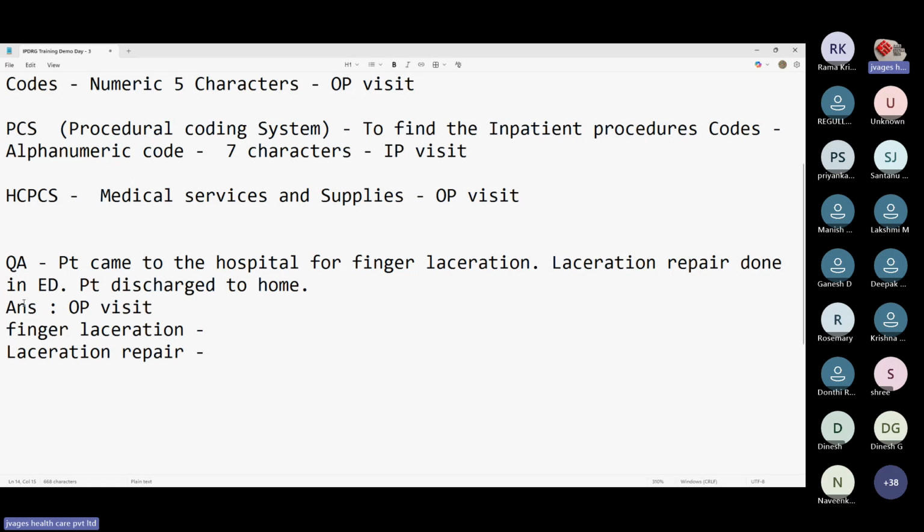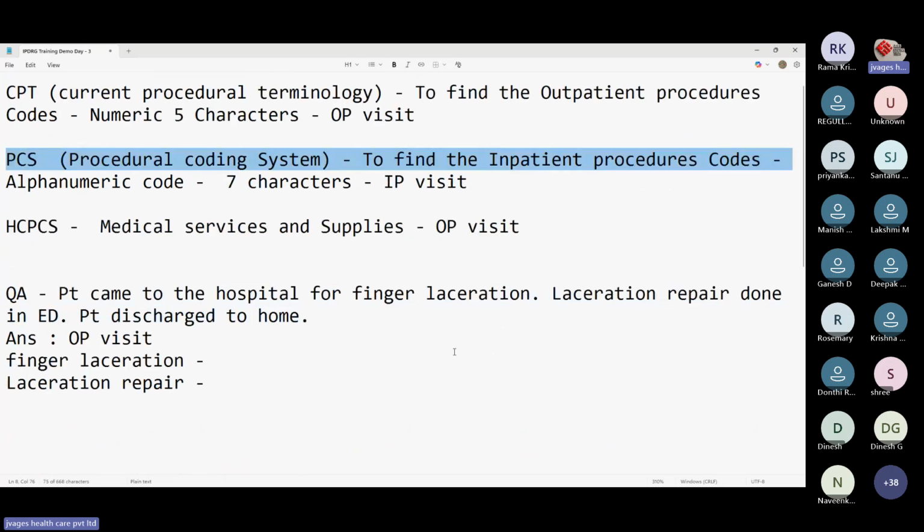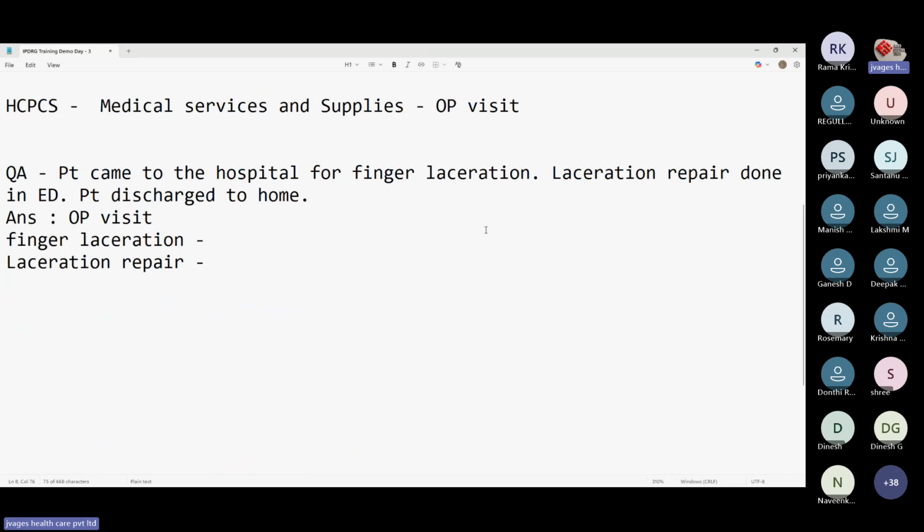CPT values are different and PCS coding values are completely different. The tools you will be working with generate CPT codes as well as PCS codes, so you should be very careful with each and every chart.